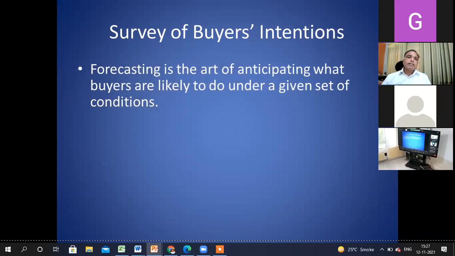Forecasting is the art of anticipating what buyers are likely to do under a given set of conditions. Buyers in the case of books are students.